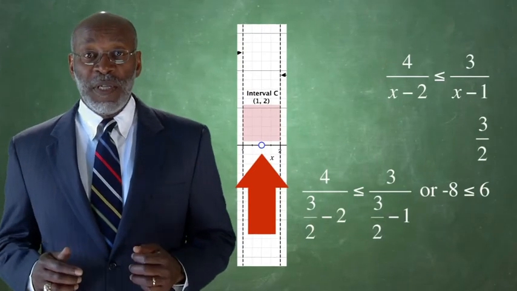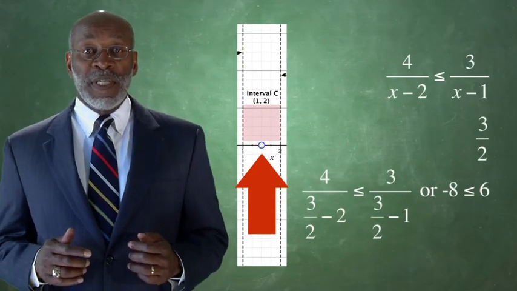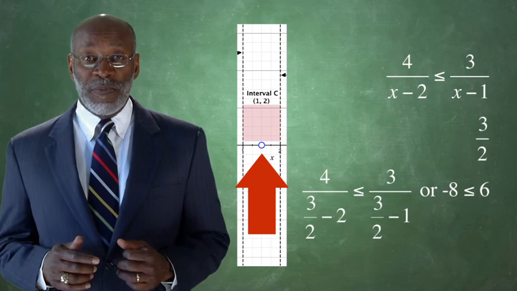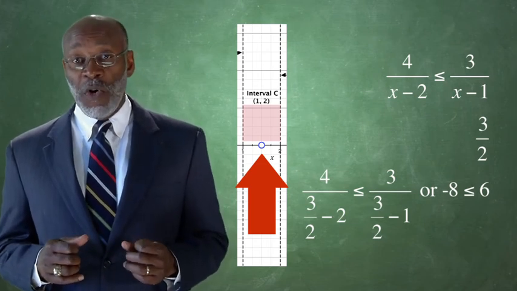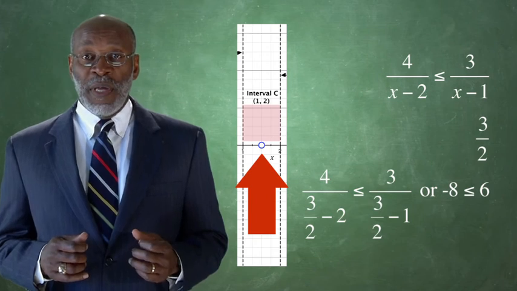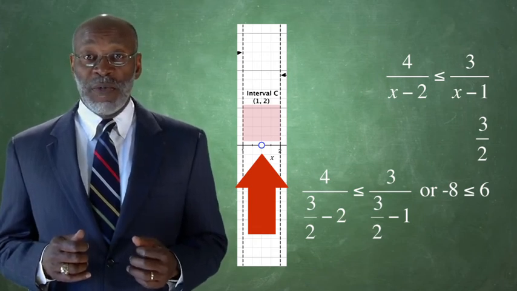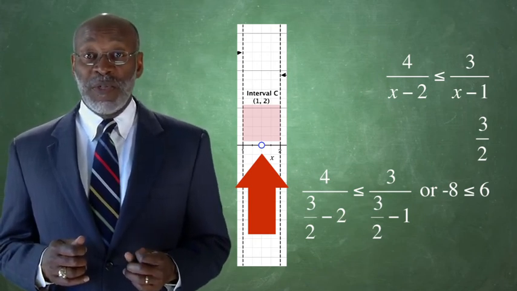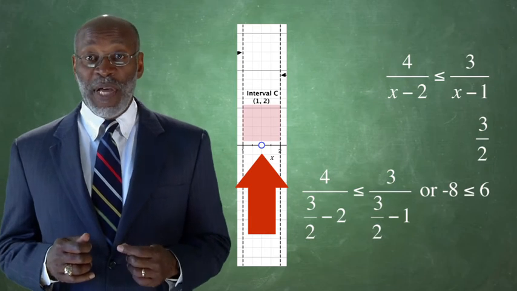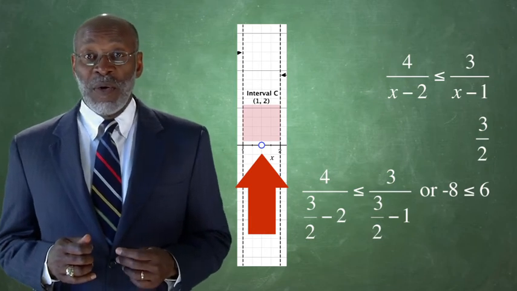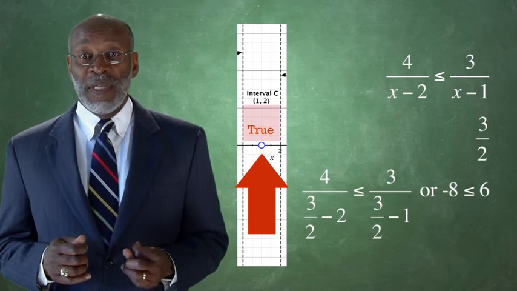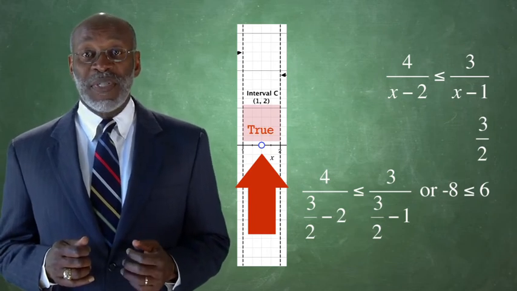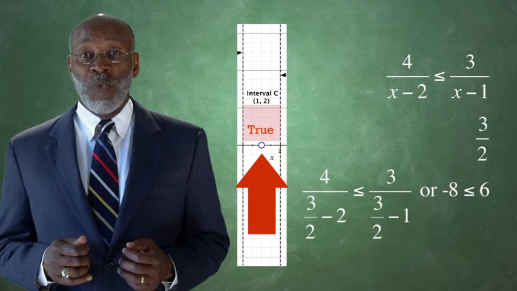In interval C, we choose x equals 3 divided by 2. The original inequality then becomes 4 divided by 3 over 2 minus 2 is less than or equal to 3 divided by 3 over 2 minus 1. Or simplified, negative 8 is less than or equal to 6, which is true.